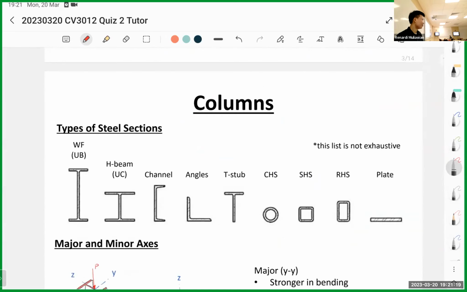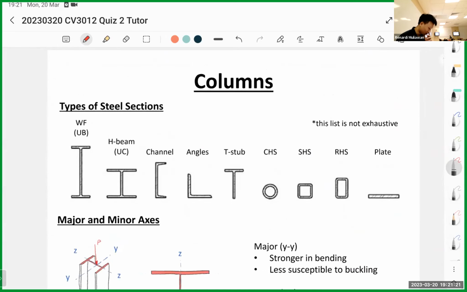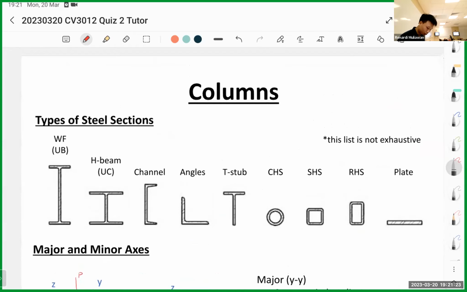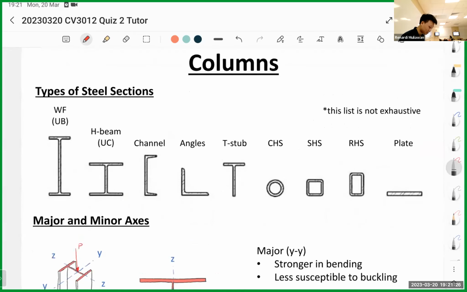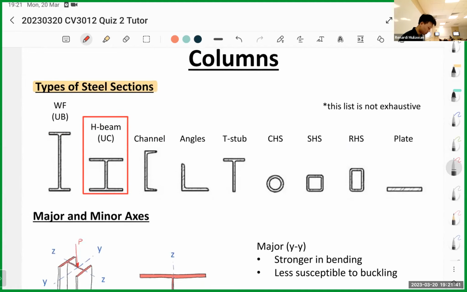Now here's the new part, which is columns. The second quiz will be all about columns. First, this is just to make you aware: there are a few types of steel sections, such as the universal beam, universal column, channel, angles, and so on. But for columns, we usually use these four. Either the UC, which stands for universal column, or the H beam, which can sometimes be called an I beam, so be aware.